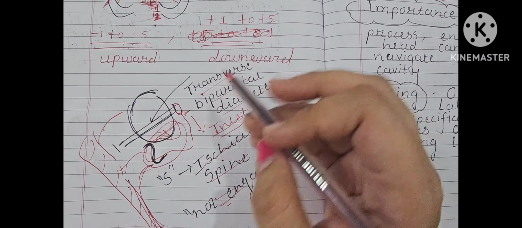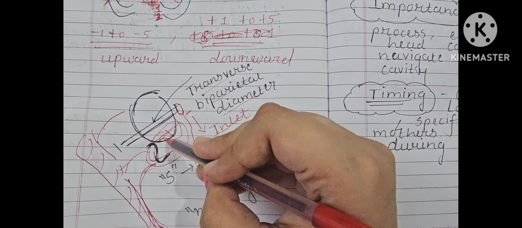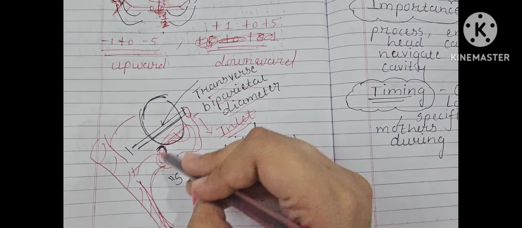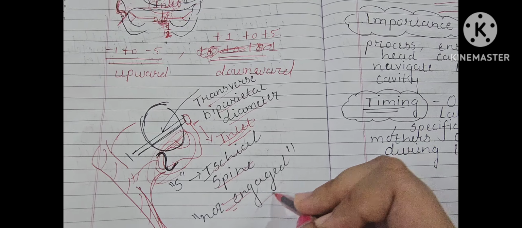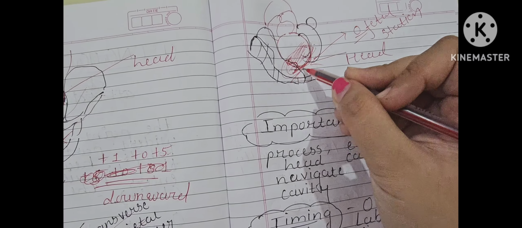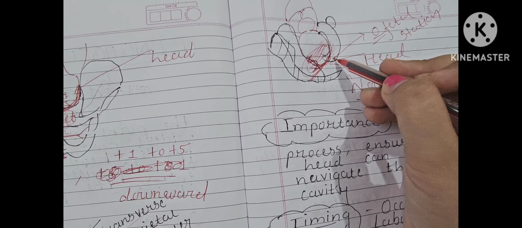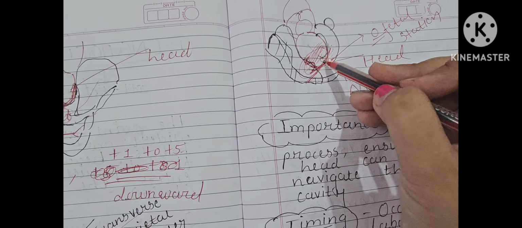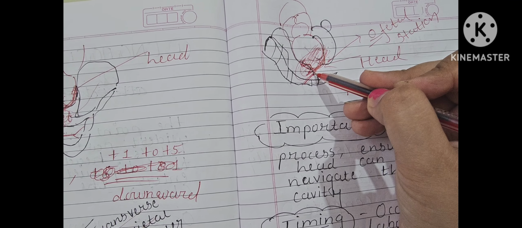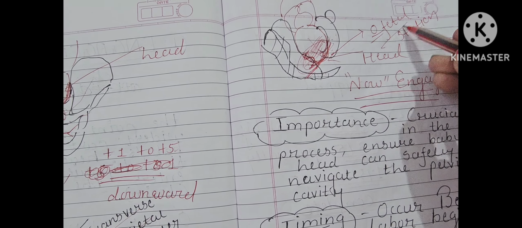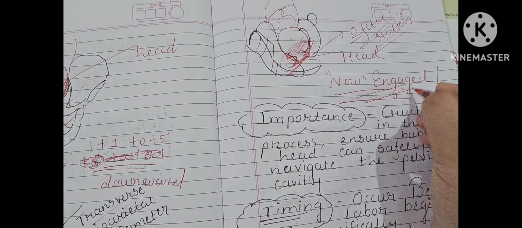As I told you before, when the transverse biparietal diameter comes in contact with the inlet but is not covering the ischial spine, the S shape, that is called not engaged. But when it completely touches the ischial spine and comes fully in contact at the pelvic brim area, with total covering by the biparietal diameter, that is a 0 degree fetal station. In short, now engagement has happened.